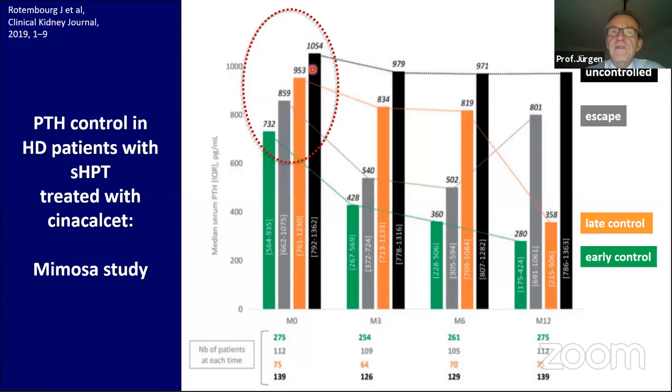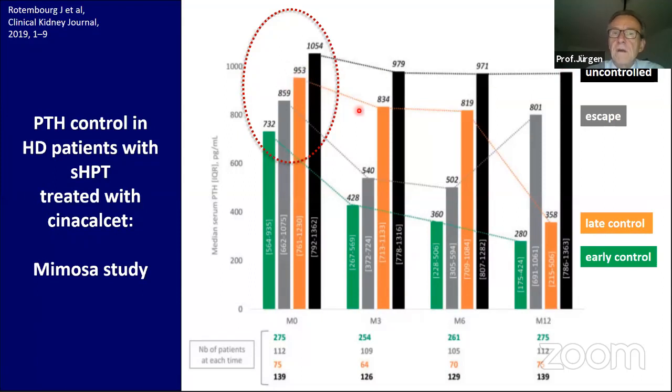So if you look at the highest group first, you are above 1,000, you give a calcium mimetic, and it hardly works. You probably come too late. Probably these parathyroid glands have lost their calcium sensing receptor and are relatively resistant to cinacalcet.